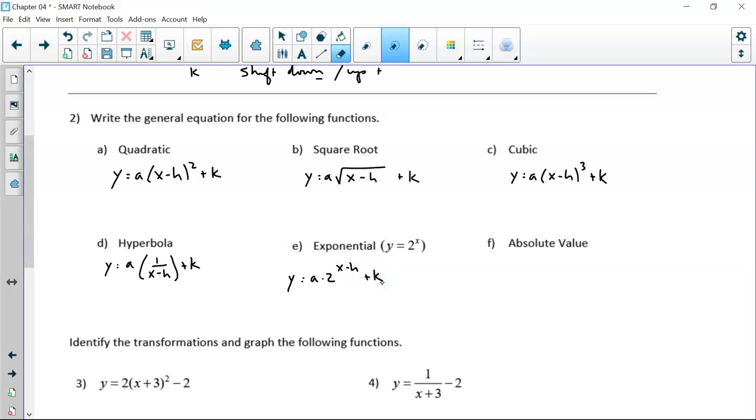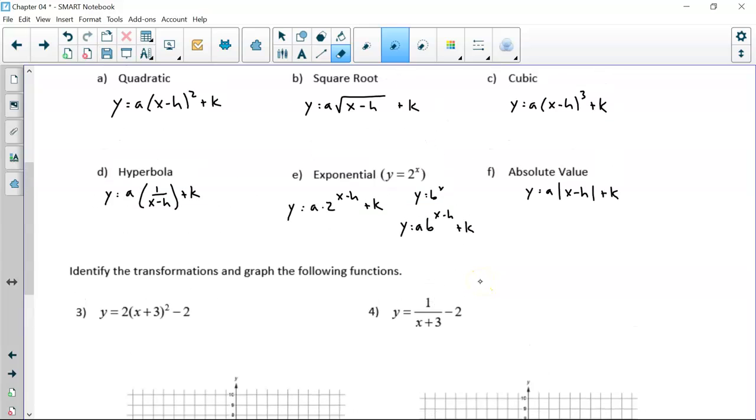H is in the exponent. You might also see it generically for y equals b to the x: y equals a times b to the x minus h, plus k, and b is whatever your base is. For absolute value: y equals a times the absolute value of x minus h, plus k.